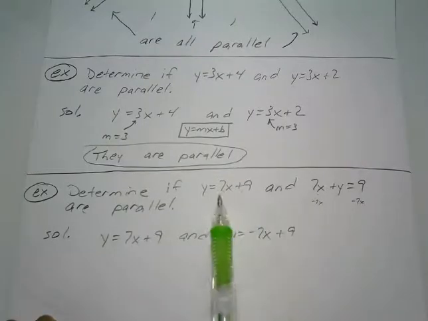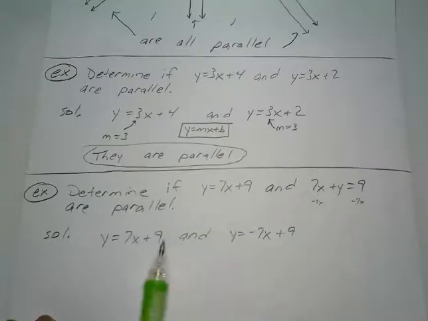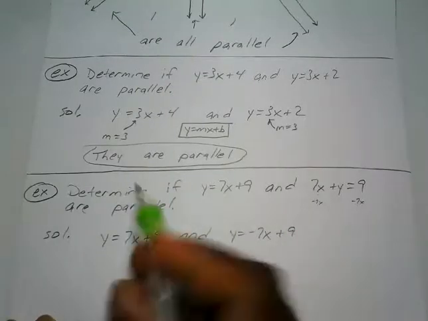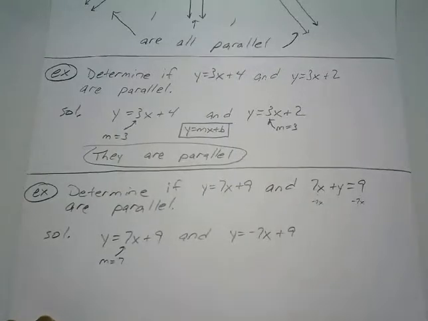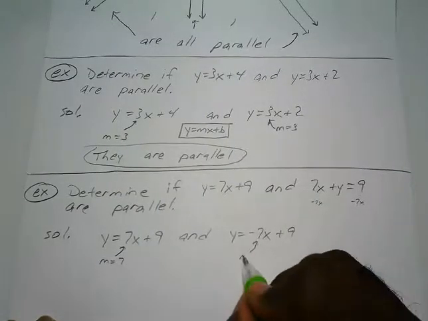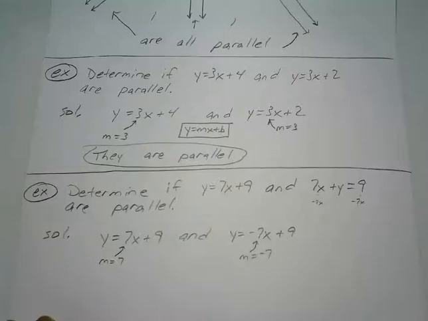Now if you looked at the original problem, you would think, oh, 7x and 7x, they're parallel. But if you do it correctly, you'll notice that this slope is equal to 7, but this slope is equal to negative 7.